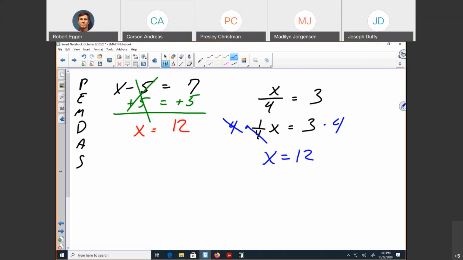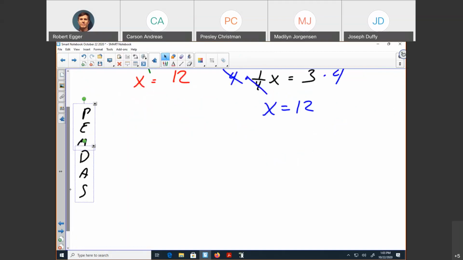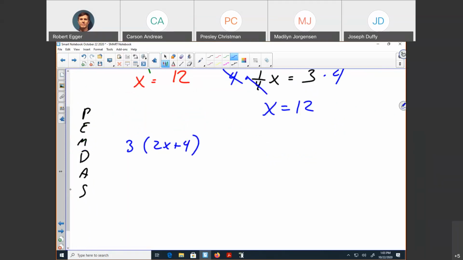Let's go to some more serious ones. Let's try 3 times 2x plus 4 equals 9x minus 3.